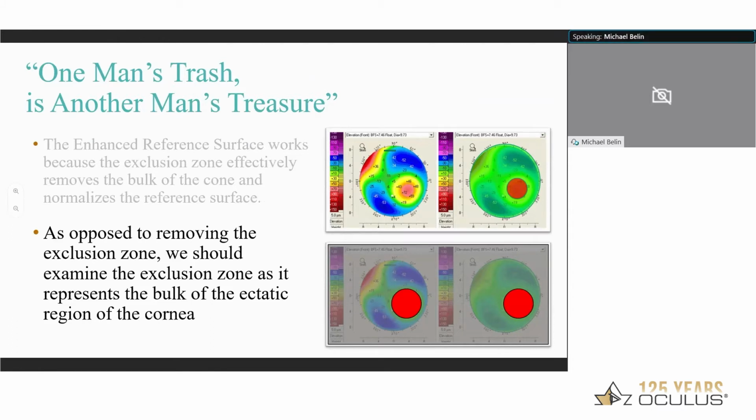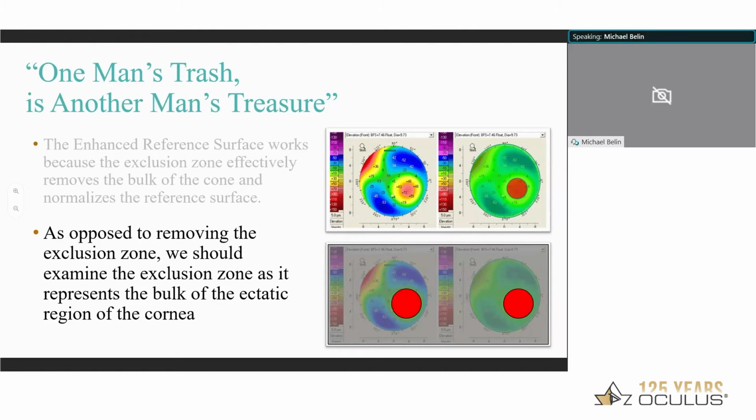That utilizes something we call an enhanced reference surface. That enhanced reference surface is designed to further accentuate the ectatic region. And we do that by removing what we call an exclusion zone from computation of the best fit sphere.